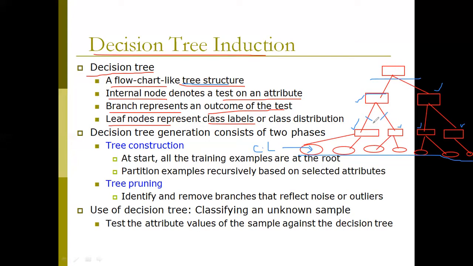Based on these tests at each and every level, based on checking some attributes, you are going to make some decisions on this particular data, by constructing one tree based on previous data which we have.